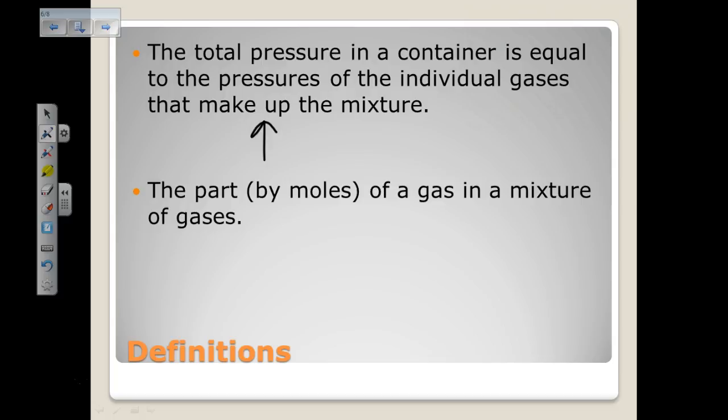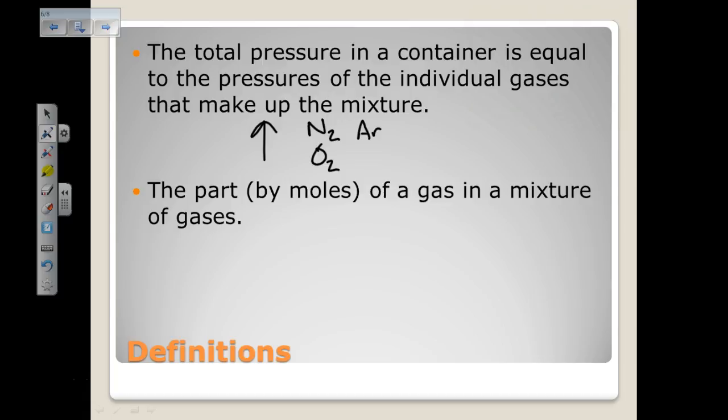And so let's say we have a balloon. When we blow up a balloon, we don't blow it up with pure nitrogen or pure oxygen. A lot of times when we use our mouth to blow up a balloon, we're filling that balloon with air. And we know that air is nitrogen and oxygen and a couple other things. Argon is another thing.